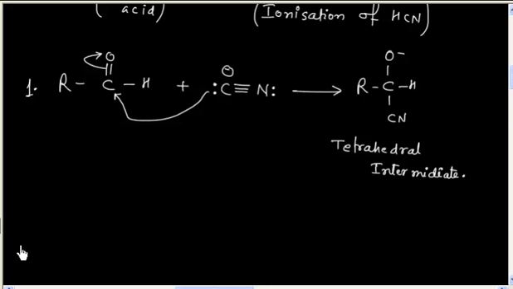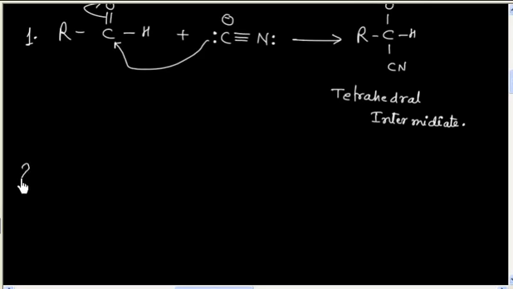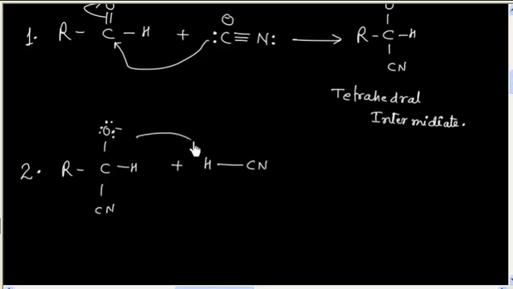Now in the next step, tetrahedral intermediate gets protonated to give cyanohydrine. So next step is simply protonation of tetrahedral intermediate. So we will have finally cyanohydrine.